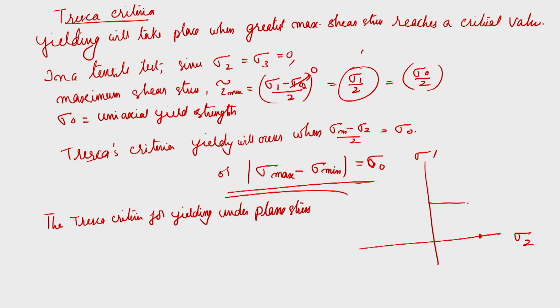So, we can just say that it comes like this, and from here it comes, and this will come down and reach here, and this is your hexagon. So, this is sigma f or sigma 0, and this is minus sigma 0, and similarly. So, it looks like a hexagon.